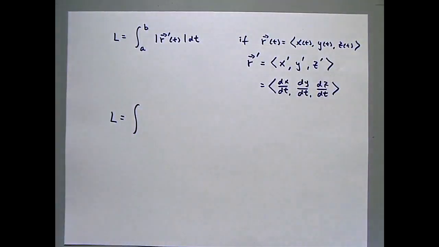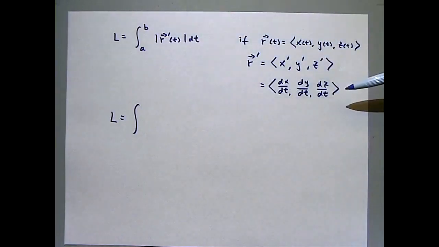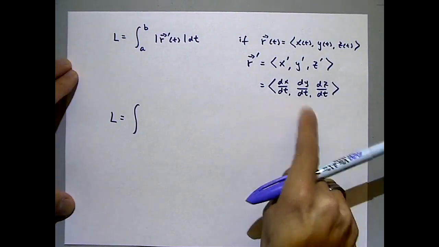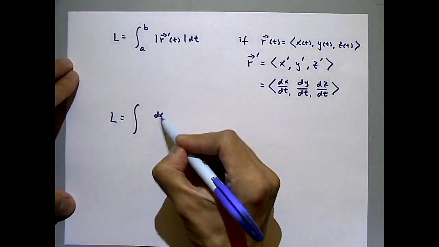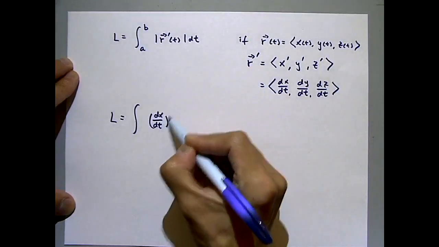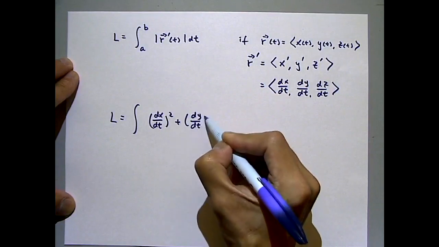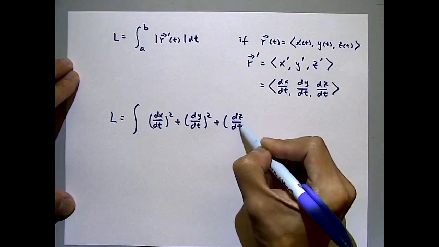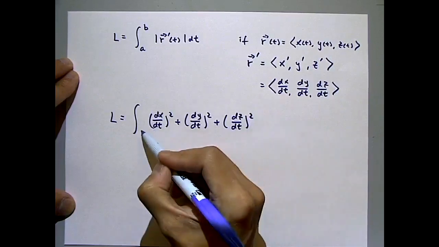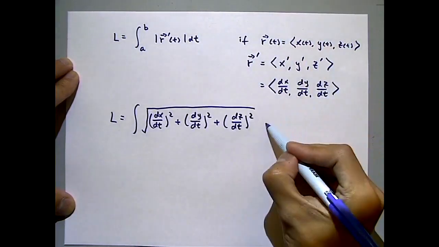So an alternate form of this same formula is to find the length of that. And we know how to find the length of a vector, square root of the sum of squares, right? So this is equal to the integral of the square root of (dx/dt) squared plus (dy/dt) squared plus (dz/dt) squared, all of that under a radical, dt.